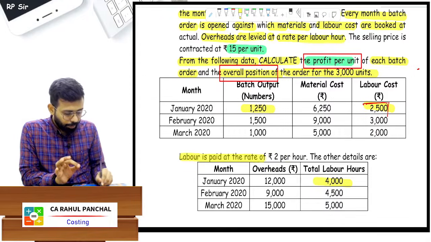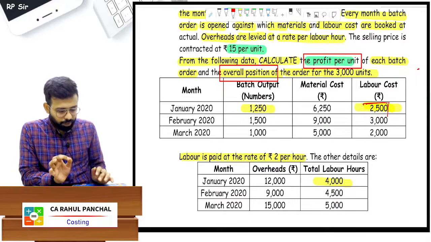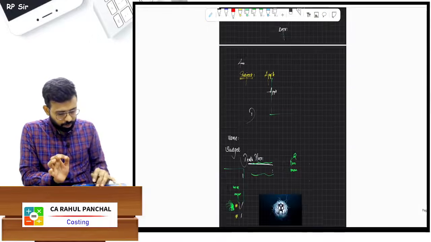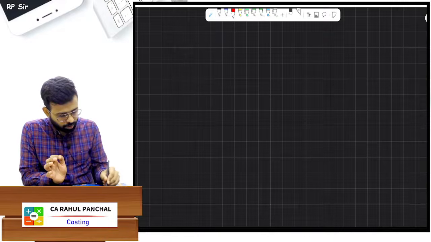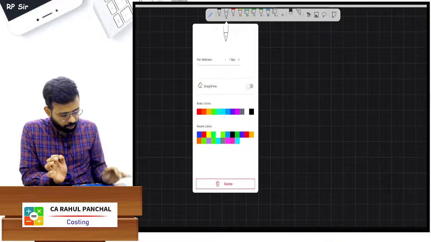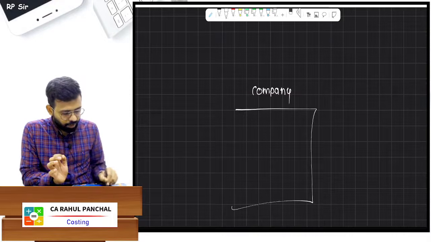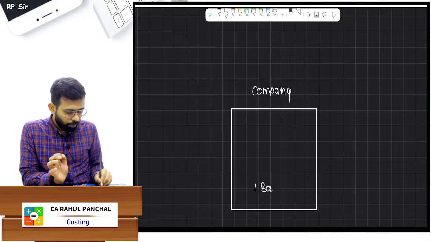When I say that labor is paid at the rate of rupees 2, again I will tell you one thing. Suppose there is a company, and this is my factory. The company will produce, and the data is given for one batch.